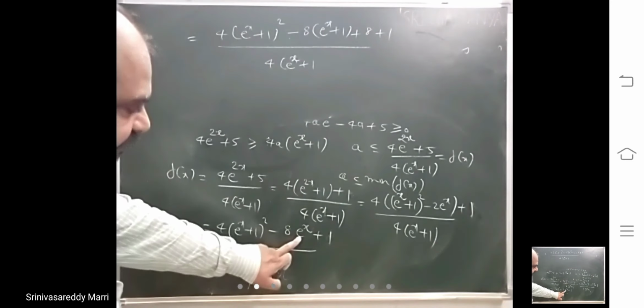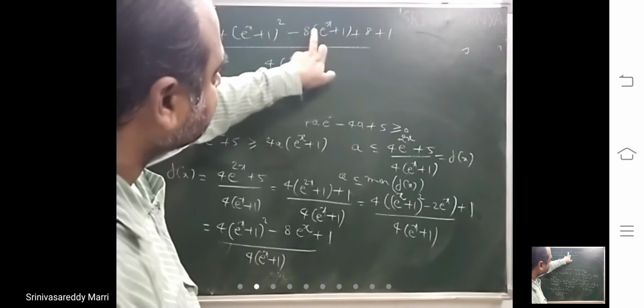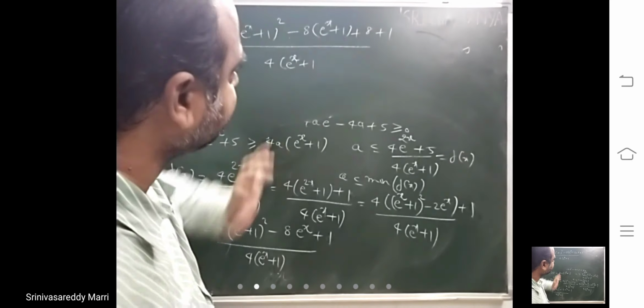Look at here, 8 e power x is there, I have added plus 1. So minus 8 plus 8 will get cancelled.